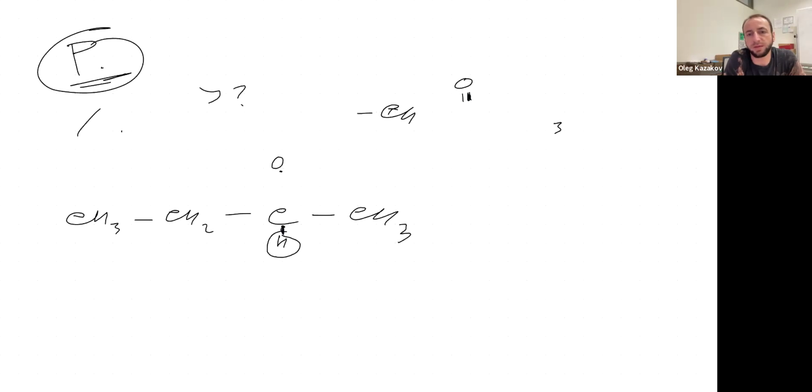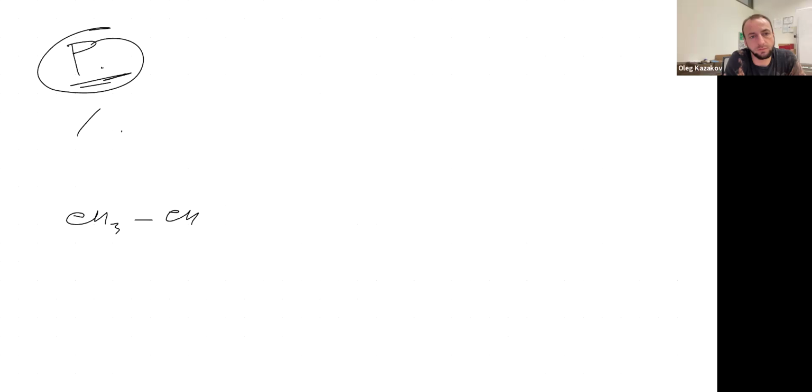A little bit of meditative erasing going on. All right, so here we go. Now it's a new thing: X, some sort of conditions, and then all of a sudden we are going to obtain a carboxylic acid of this kind.